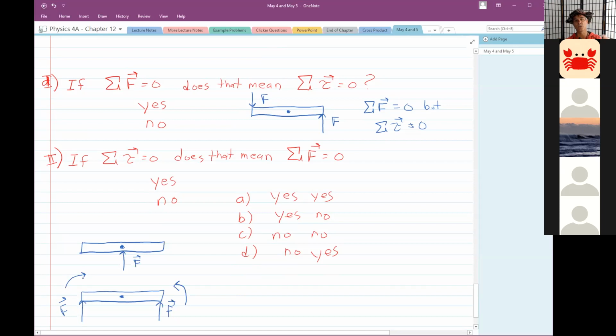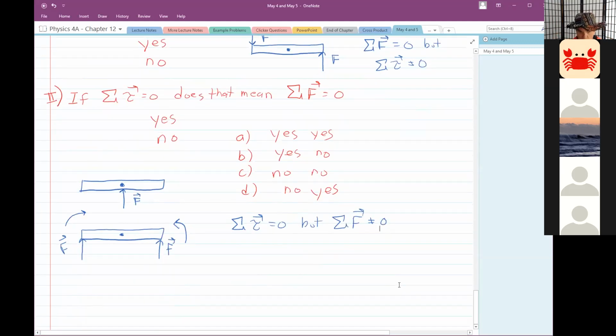These 2 torques would cancel each other out, but the sum of the forces is not 0. So here's a case where the sum of the torques equals 0, but the sum of the forces is not equal to 0. So I just wanted to throw that out. Just because the sum of the forces is 0 doesn't mean the sum of the torques is also 0. And just because the sum of the torques is 0 doesn't mean the sum of the forces is also 0.